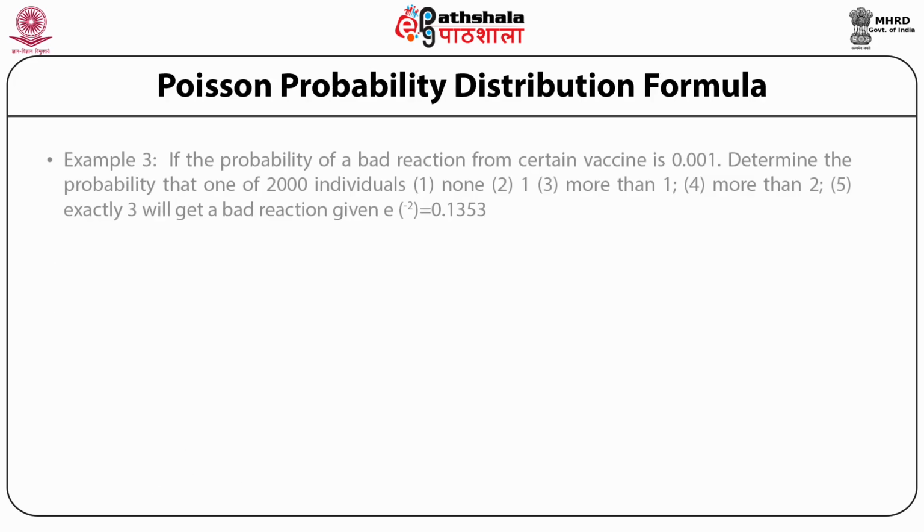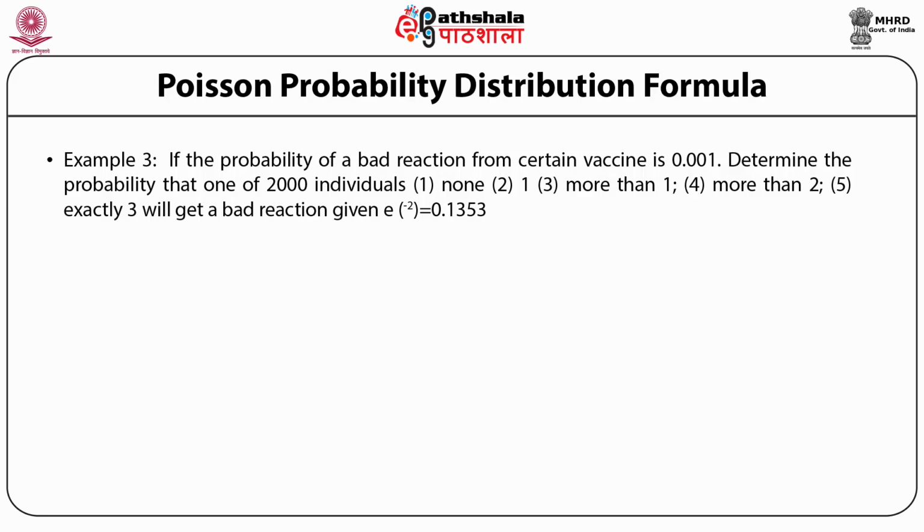Next example: if the probability of a bad reaction from a certain resin is 0.001, determine the probability that, of 2000 individuals, number 1, none; number 2, one; number 3, more than 1; number 4, more than 2; and fifth, exactly 3 will get a bad reaction, when the exponential value of e raised to power minus 2 is given.